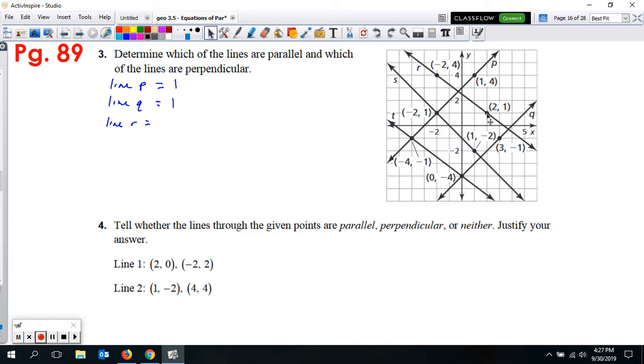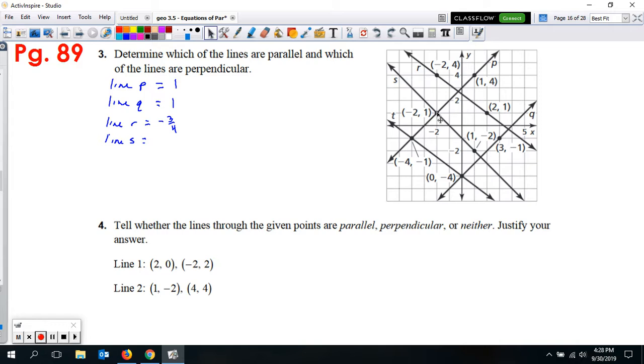So if I go from this point here, I can rise 1, 2, 3, and then run 1, 2, 3, 4. So it's a negative number, and our rise is going to be up 3, and then over 4, it's a -3/4. And so then for the next line, line S, on this one, we can look at this point to that point. So 1, 2, 3, 1, 2, 3.